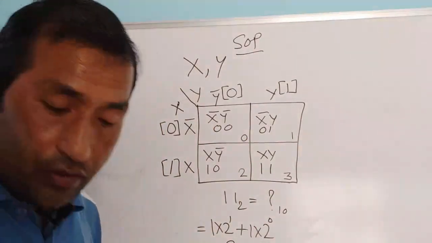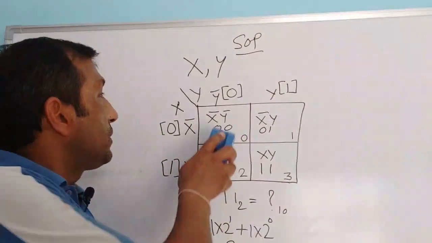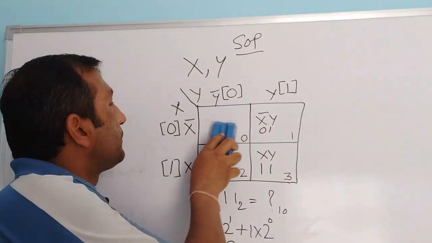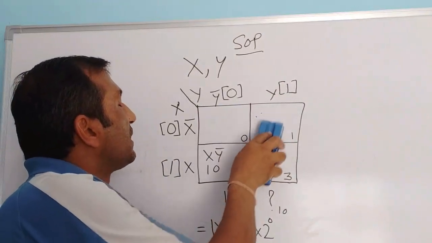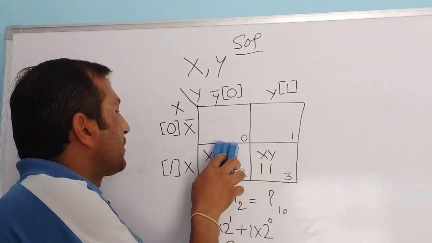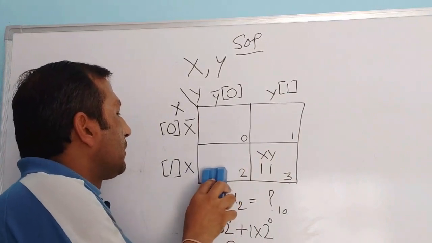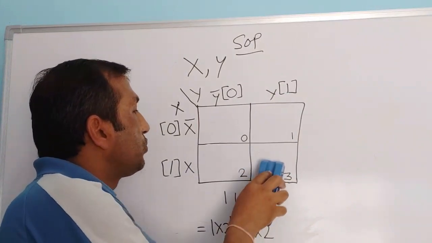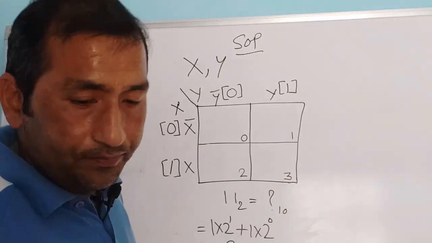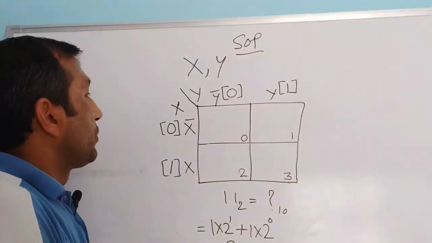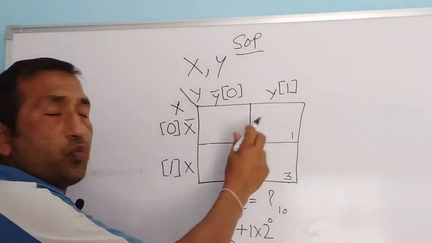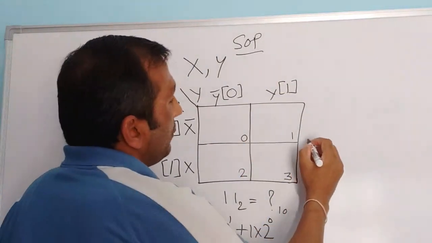Have a look at this. Now you just remove these things, that was just for reference. So this is it. What we have got with the two variable K map is 0, 1, 2, 3.